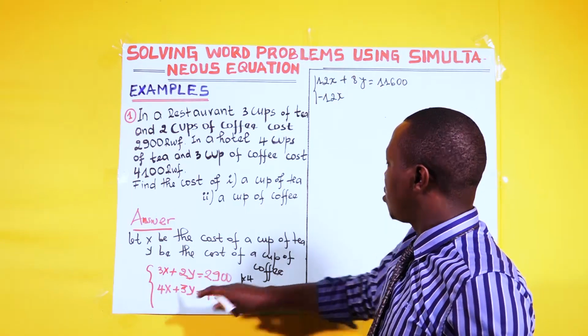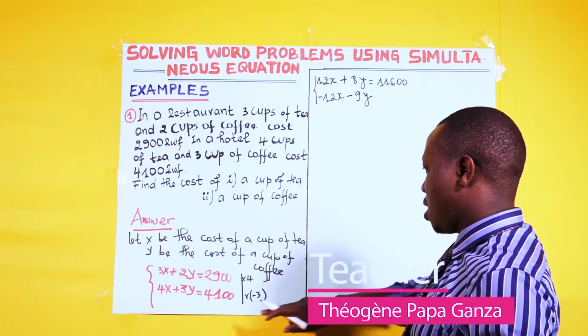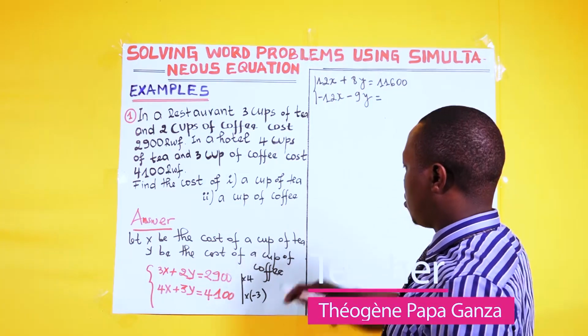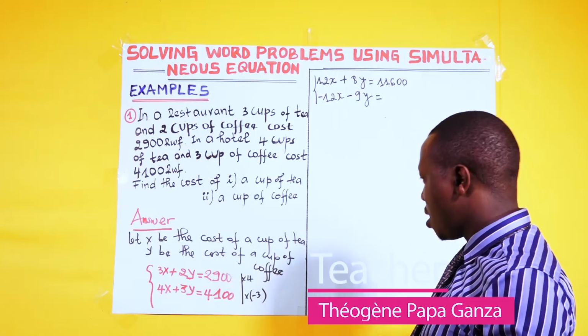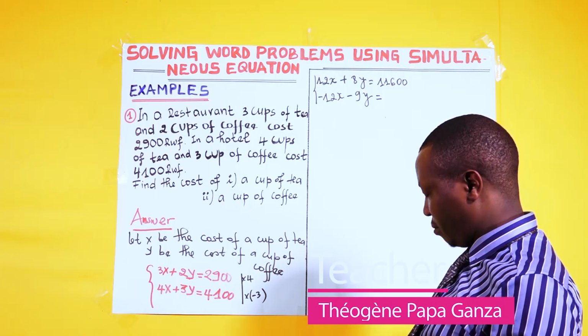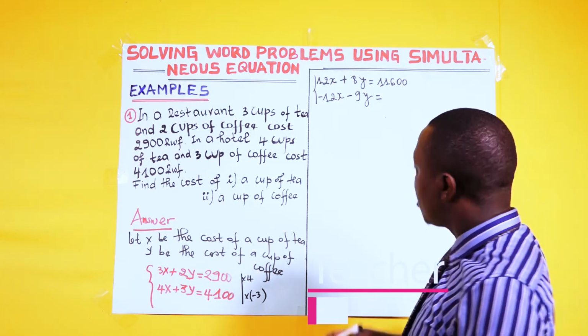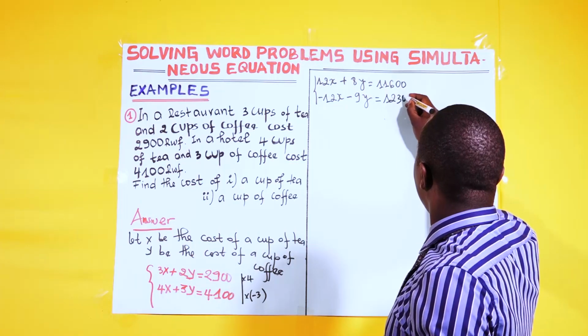And then negative 9y. And this will be equal to how much when you multiply by 3 here? It is 12,300. Yes, 12,300.